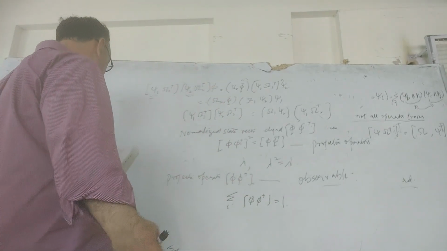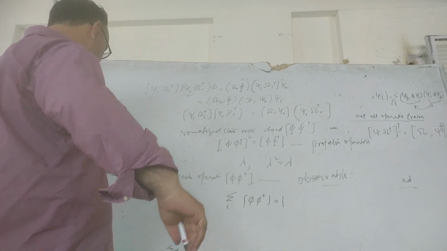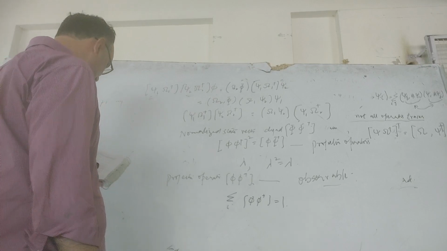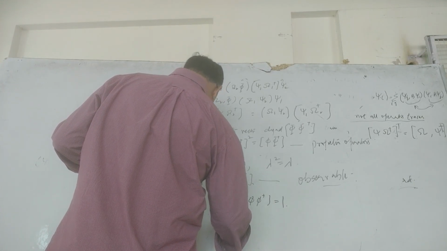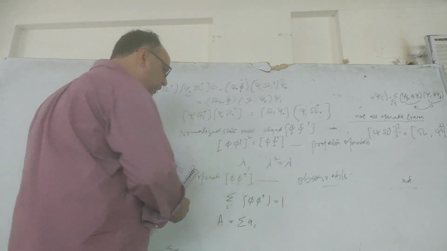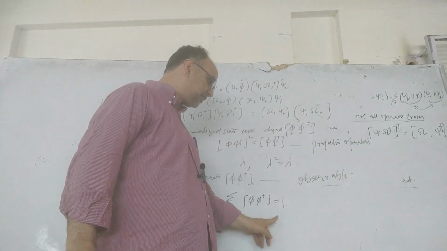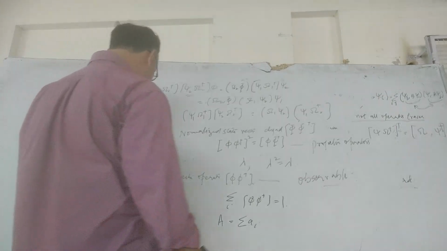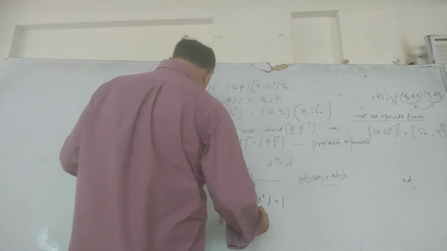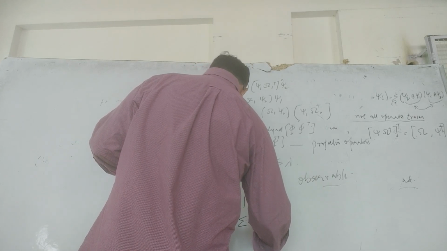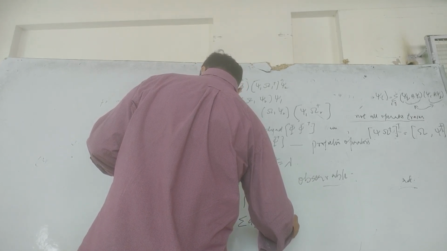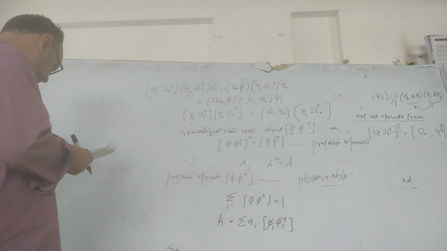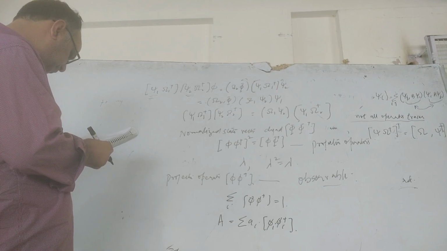So operator A with eigenvalues ai and a complete set of orthonormal eigenvectors phi i can be expressed as a sum of ai phi i phi i dagger, if you remember, phi 1 a1, phi 2 a2, the same. For a complete orthonormal set, the projection operators can be written as phi i phi i dagger.